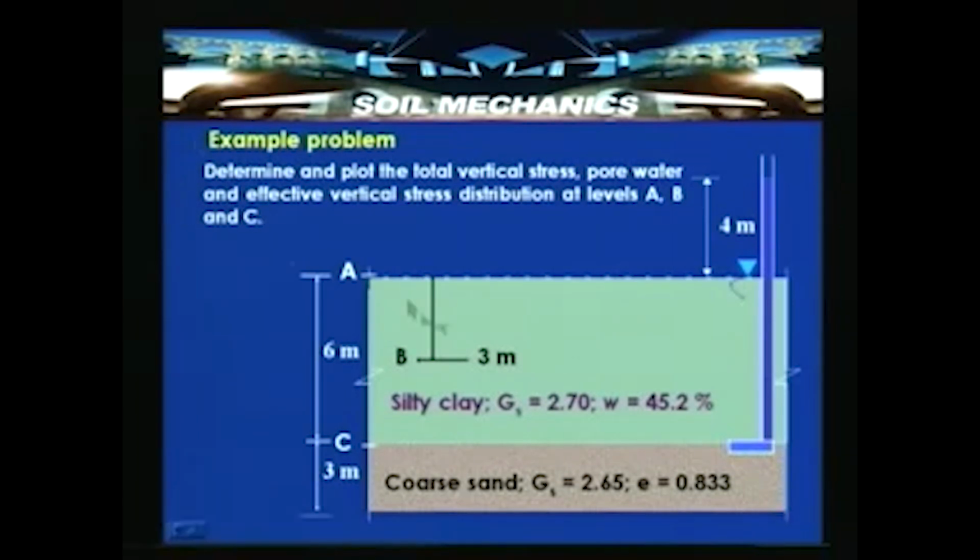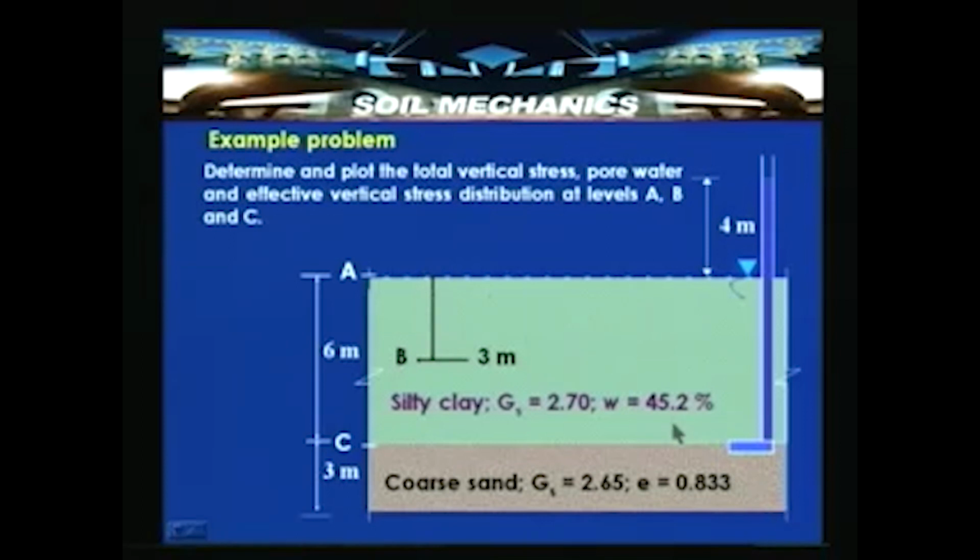The problem statement is as follows: determine and plot the total vertical stress, pore water pressure and effective vertical stress distribution at levels A, B and C shown in this cross-sectional diagram.